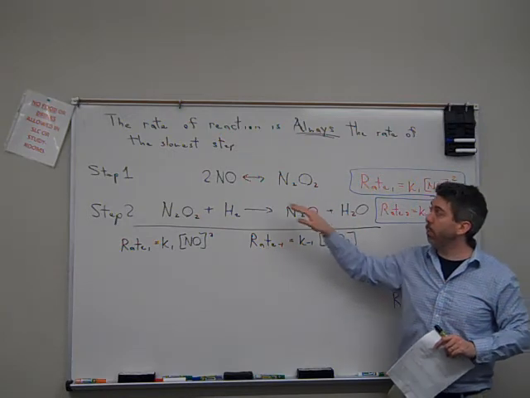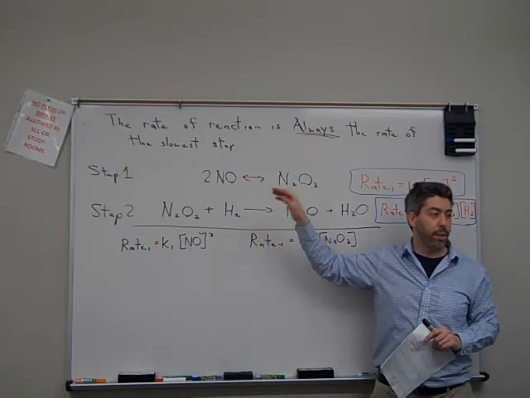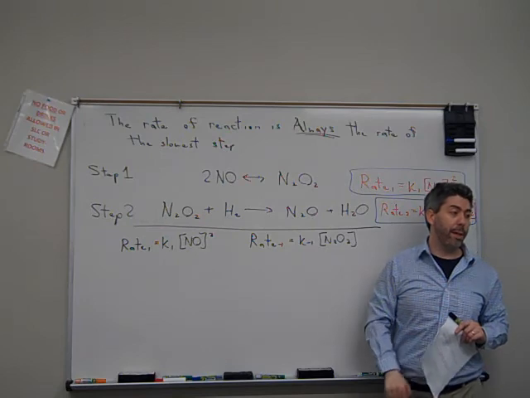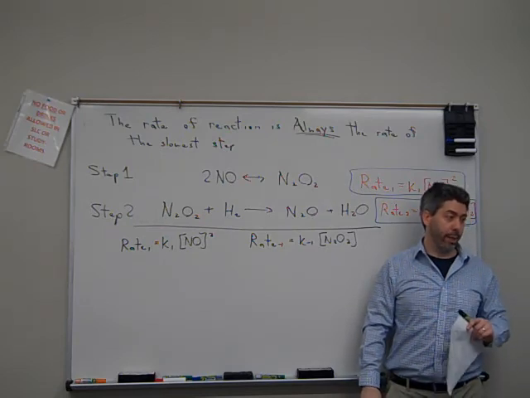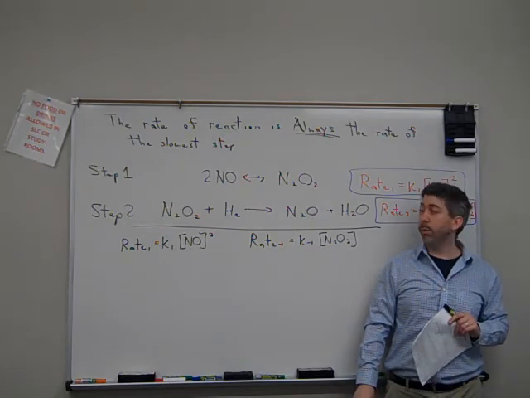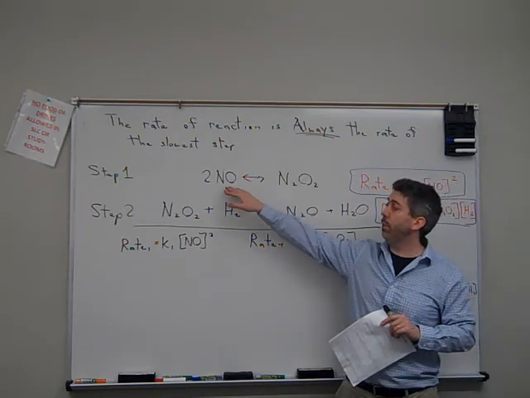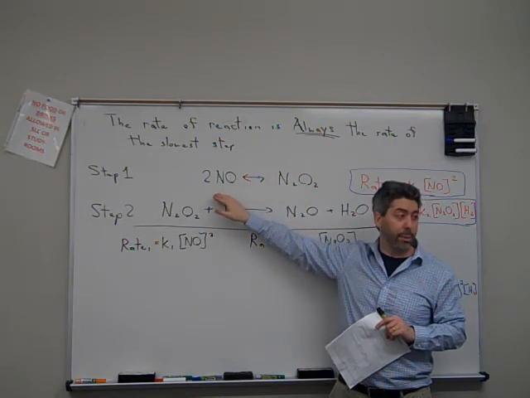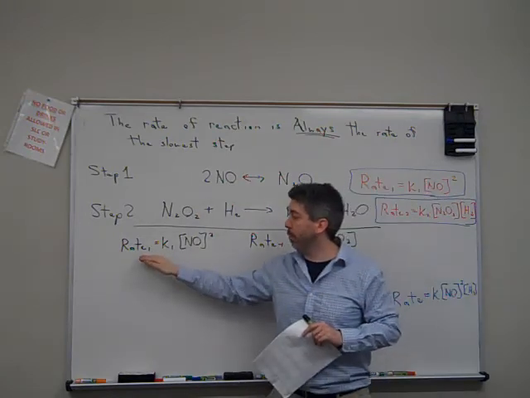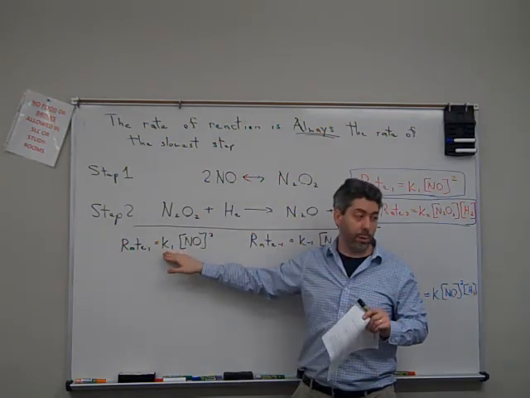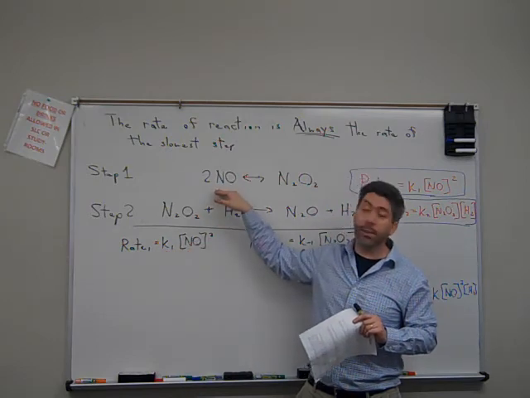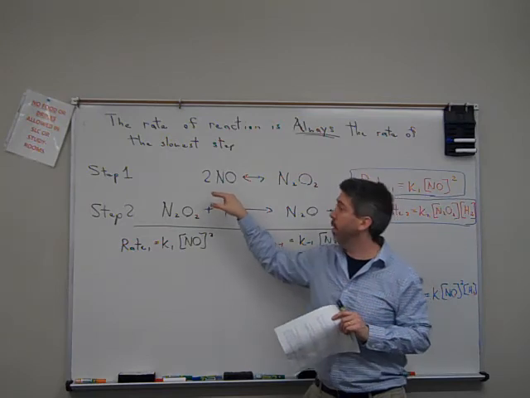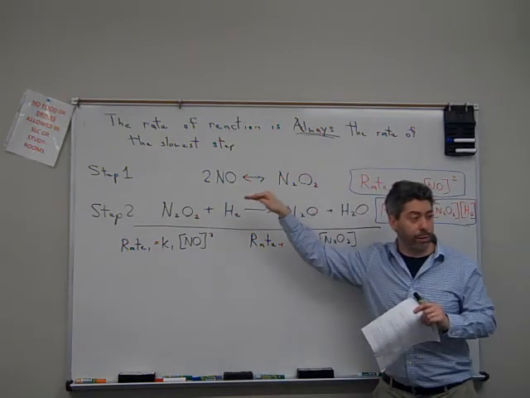In equilibrium reactions, the forward reaction and the reverse reaction are both happening, and they're happening at the same rate. That's what it means to be at equilibrium. So if I do the rate law for this forward reaction of the elementary step, these are going to be the reactants, and it's going to be rate equals some K, I don't know what it is, times the reactants, which is NO. And it's going to be squared because it's 2 NO, NO and NO. But the reverse reaction is also happening.